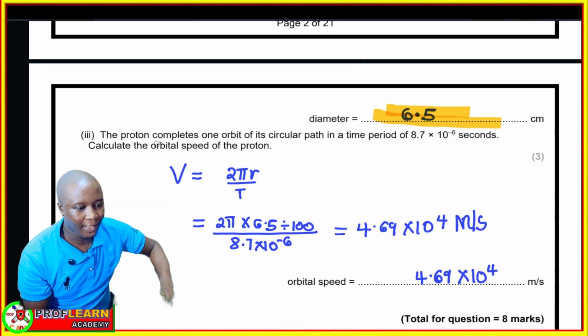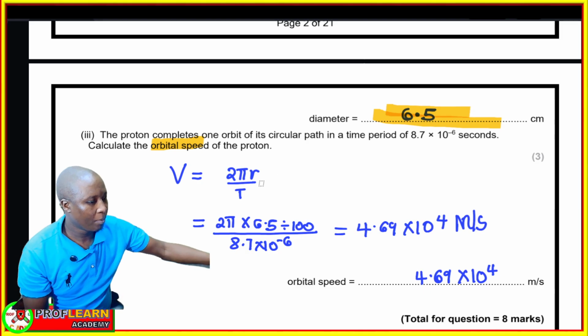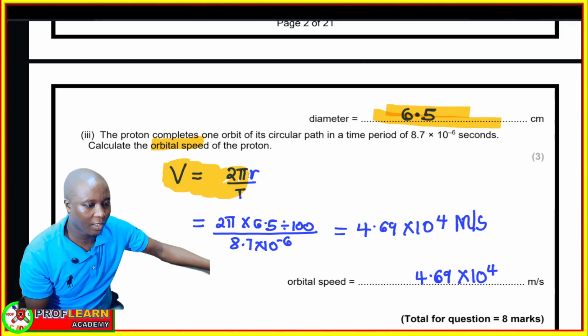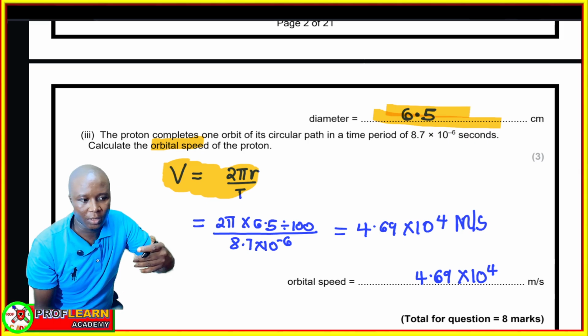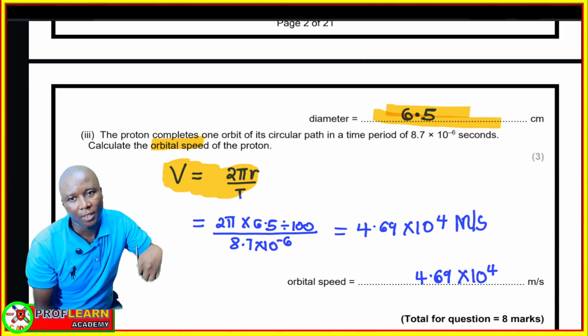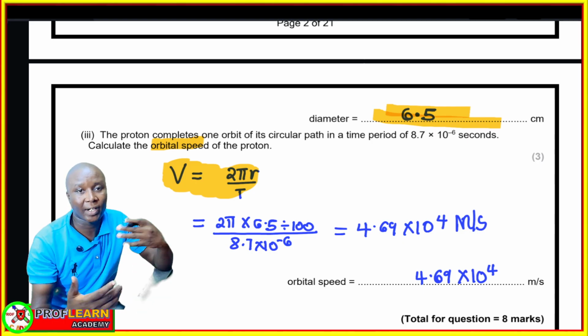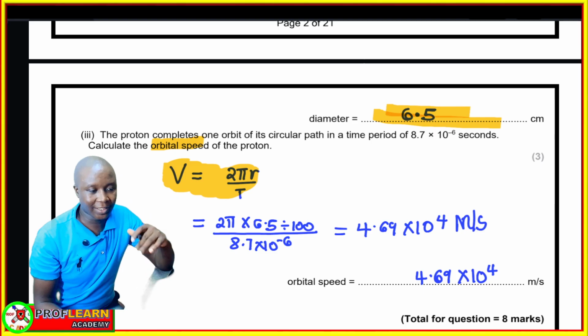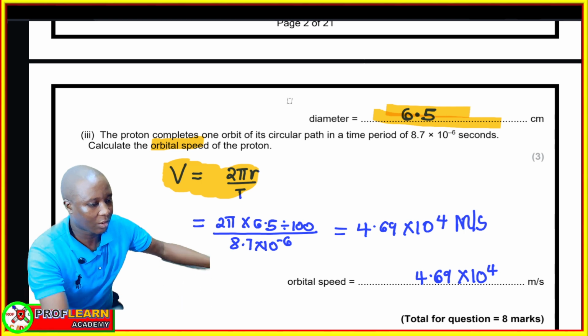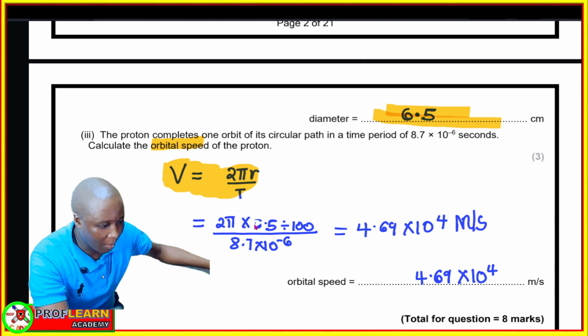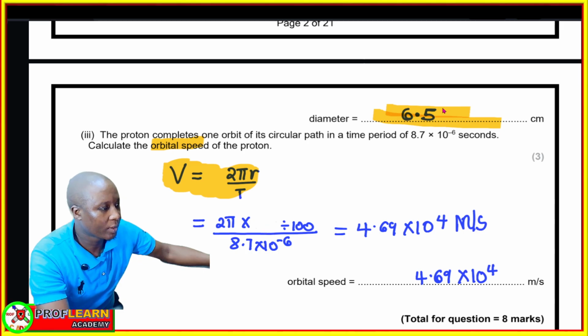Now, in order to calculate the orbital speed, remember, orbital speed is given by the formula v equals 2 pi r over t, whereby r is the radius of the orbit, and t is the period, the time taken for the object to move around that particular orbit. So in this case, I have to ensure that this is corrected so that we can go ahead, because the measurement that we had taken here was the diameter.